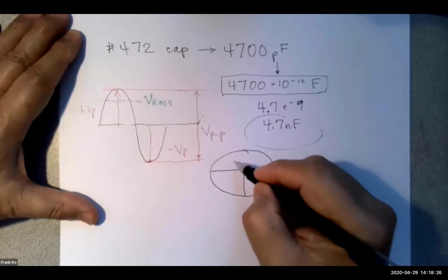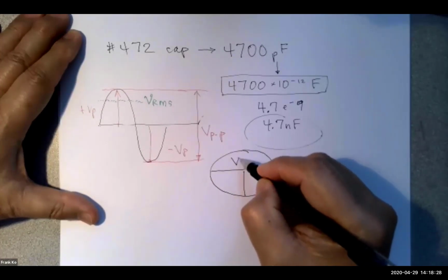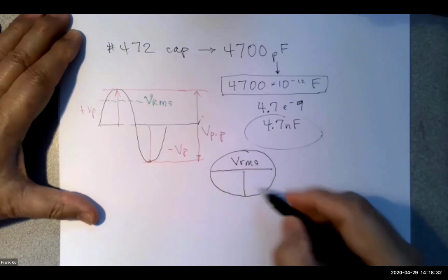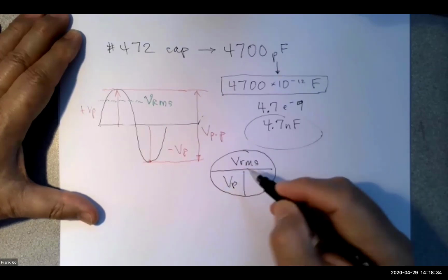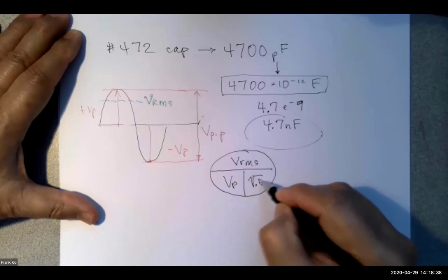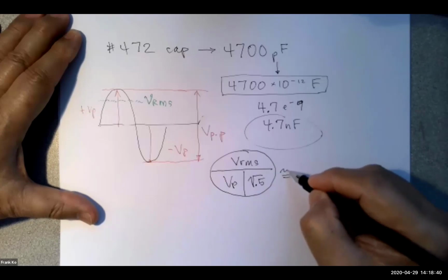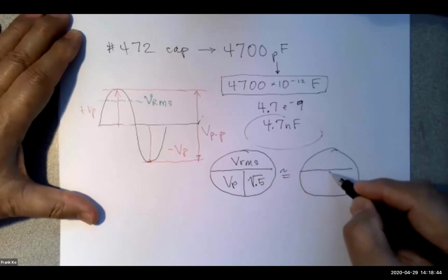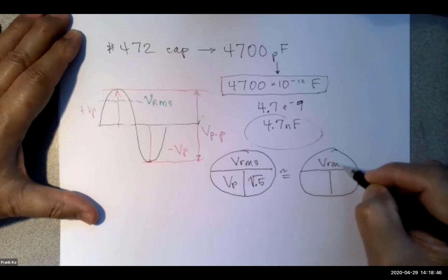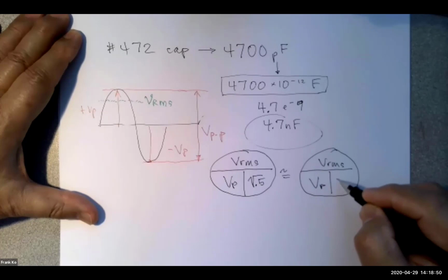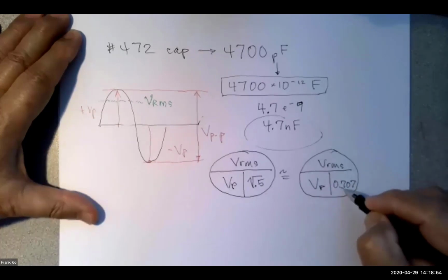And we had a very simple relationship between these quantities, which was this. My VRMS on the top of the circle, V peak over here, and over here I put down square root of 0.5. That's approximately 0.707.